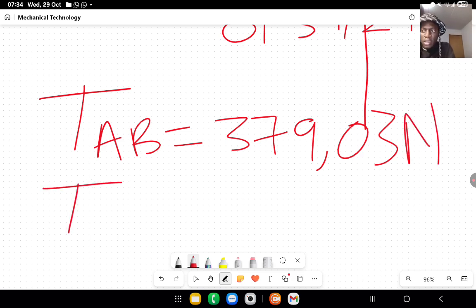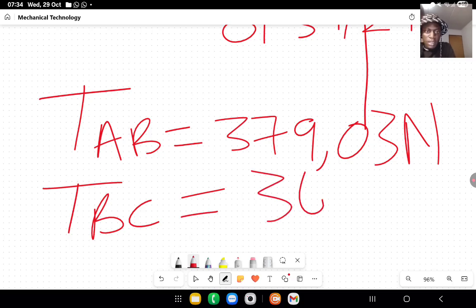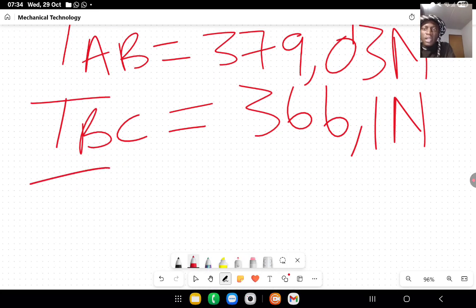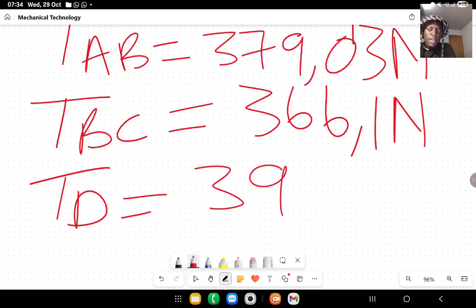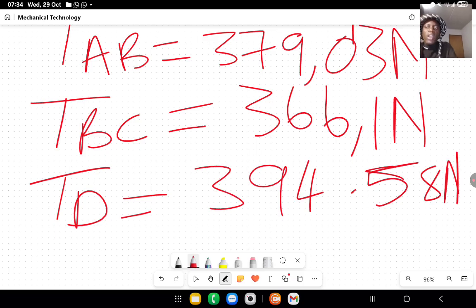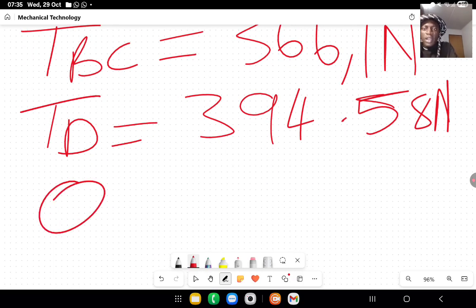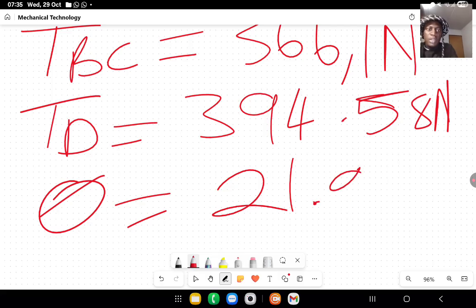Therefore our TBC is equals to 366.1 Newton. Therefore our TCD is equals to 394.558 Newton. Then we have our angle, our angle is going to be 21.9 degrees.